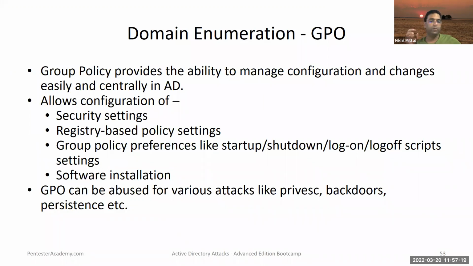A group policy allows configuration of security settings, other registry-based policy settings, preferences like startup, shutdown, log off, log on scripts, software installation, etc. Because group policy is useful for administration, it would also be useful for attacks. Anything that is useful for administration is useful for attacking as well.